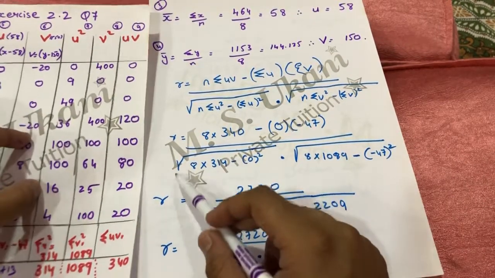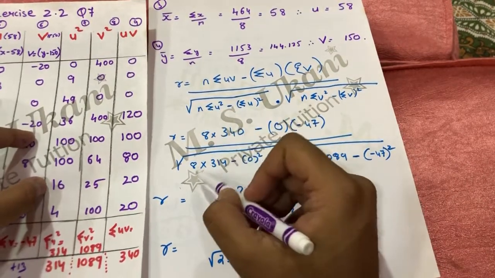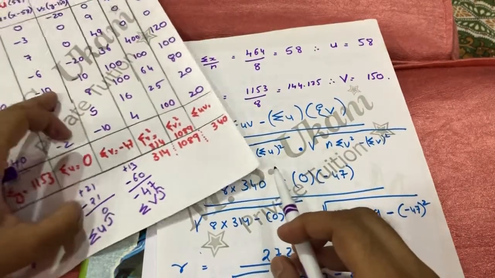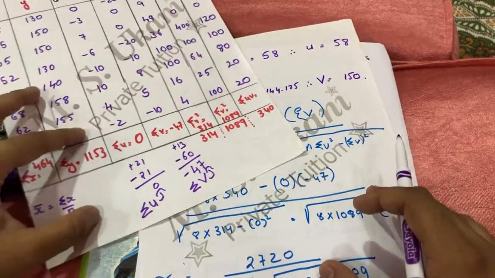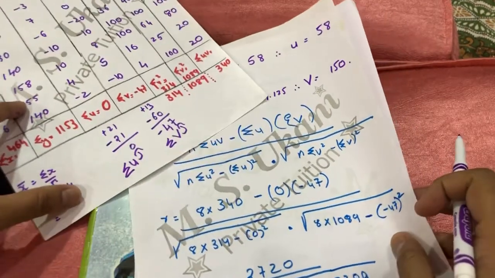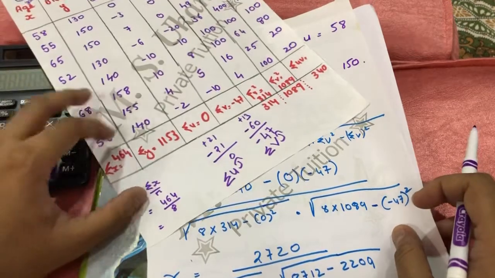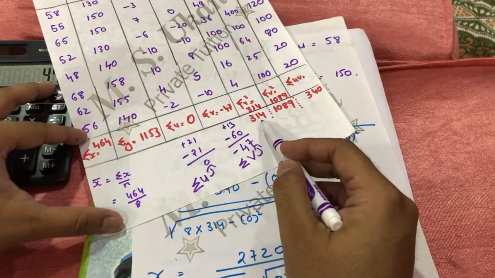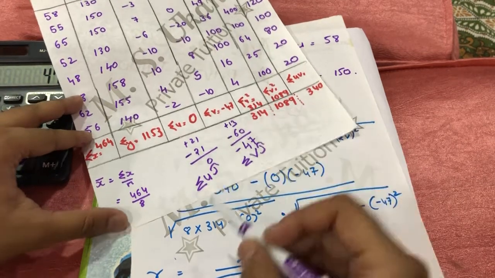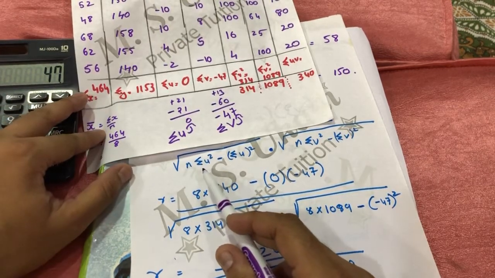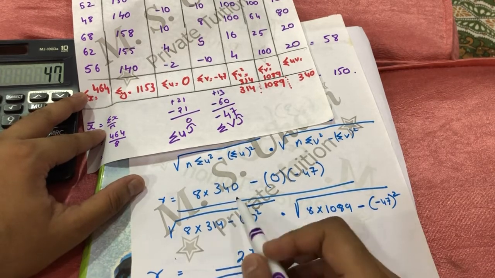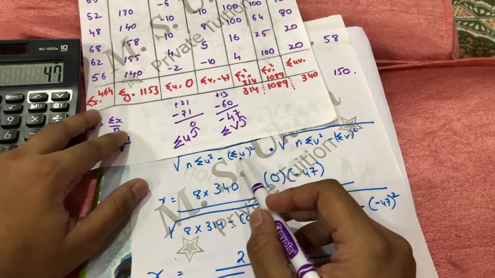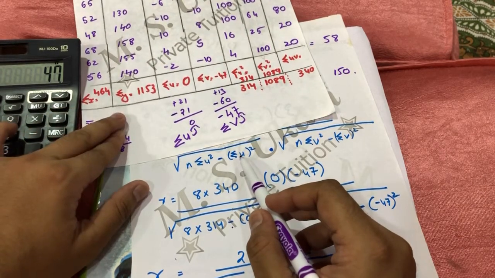In the denominator, under root, n is our 8, summation u square. See, our summation u square is 314. So here the summation u square is 314 minus summation u whole square. Summation u, so we have to take the summation u.